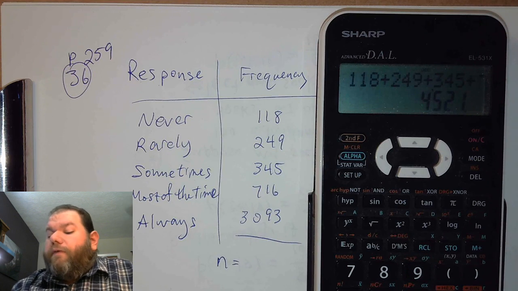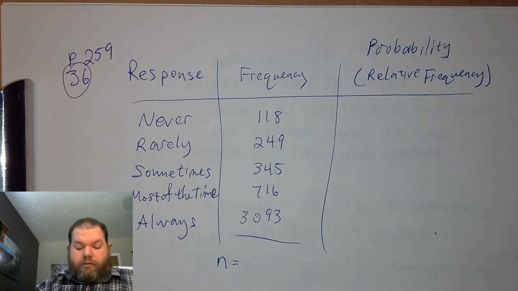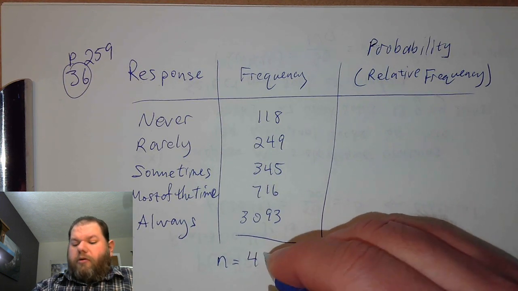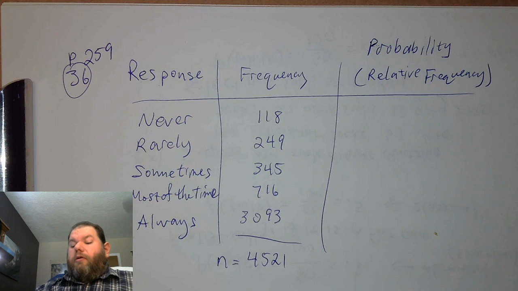And I get 4521. So what's our probability of never?